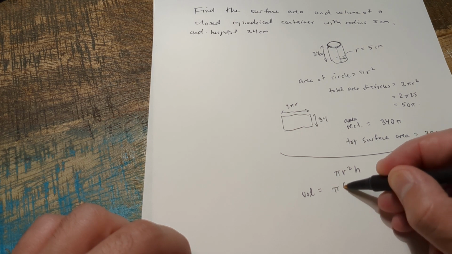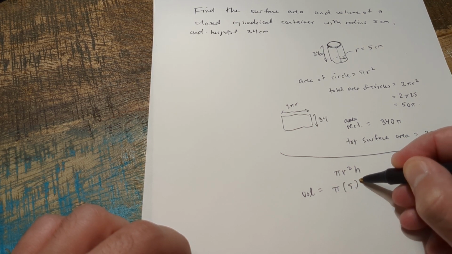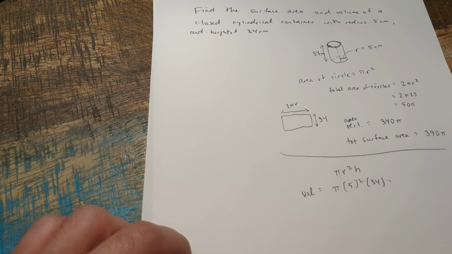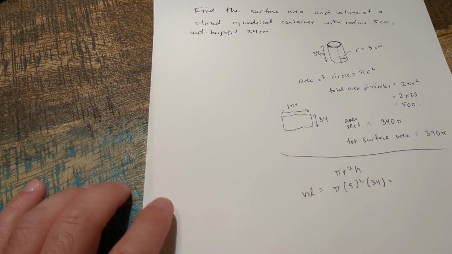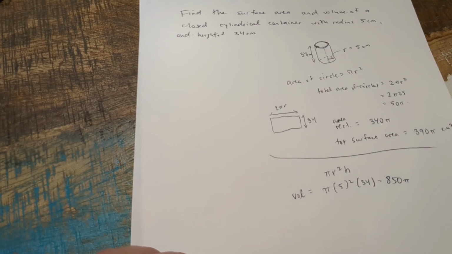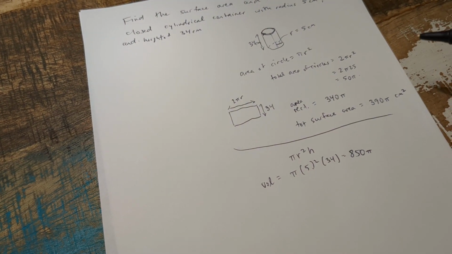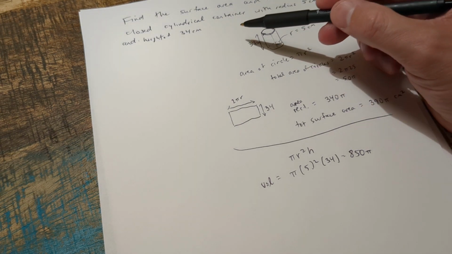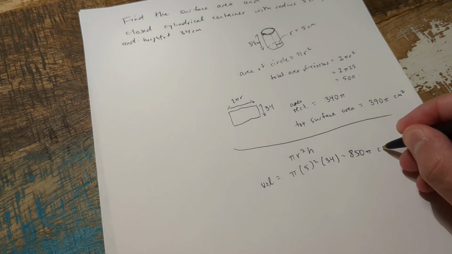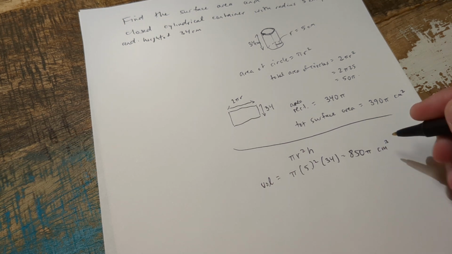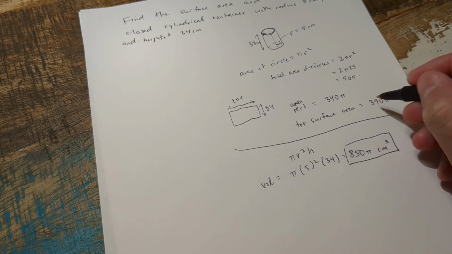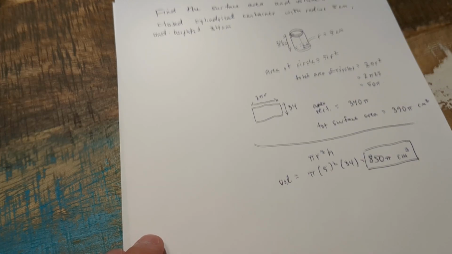So we have pi times 5 squared times the height, 34, equals, I'll use my calculator, 850 pi. And don't forget the units. They're both in centimeters, which makes this easy. We don't have to do any unit conversion. So 850 pi centimeters cubed, because it's volume. Okay, so those are the answers.